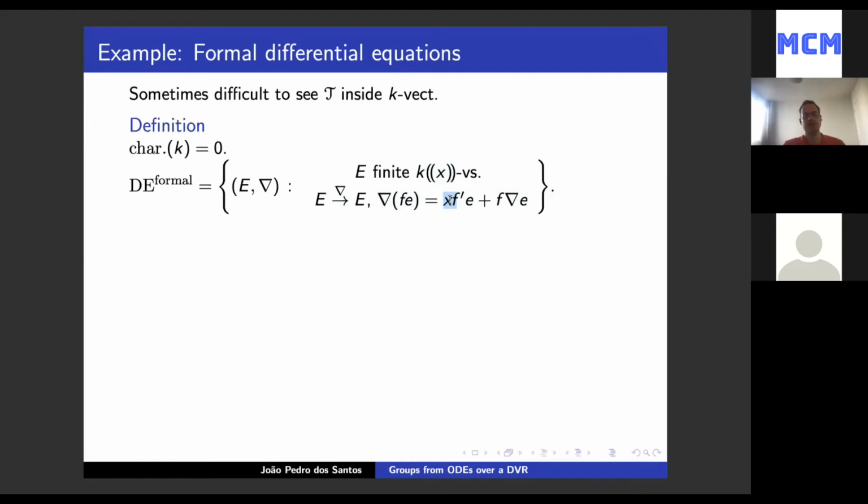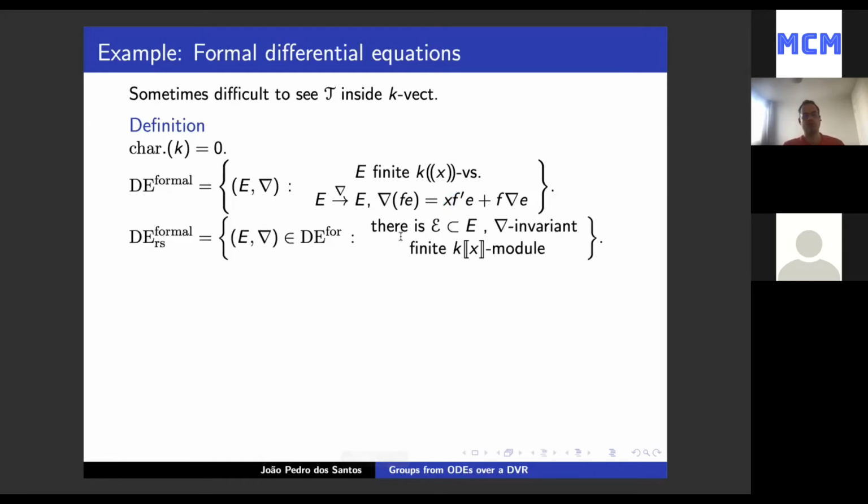And this is just standard in the theory because I want to have a formal regular singular, which means that I look for, oh, this is a typo here. So this should be formal. And I look for the differential equations which are regular singular. Then that means that I can find a lattice inside of E which is invariant under nabla.